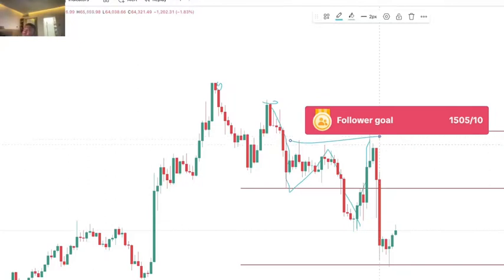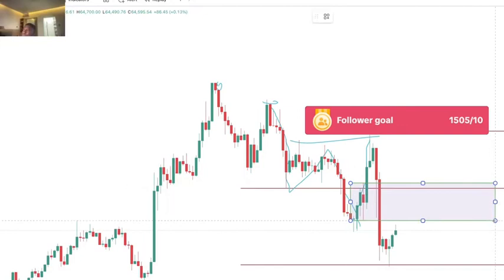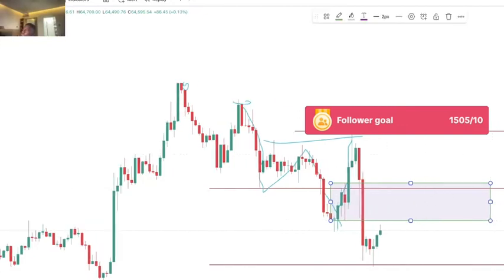So when we had that shift in structure, there was a zone as well that was retested, but it didn't play out. So there was a breaker block here at this zone, because when this did a fake change of character, there was another block here that caused this change of character.